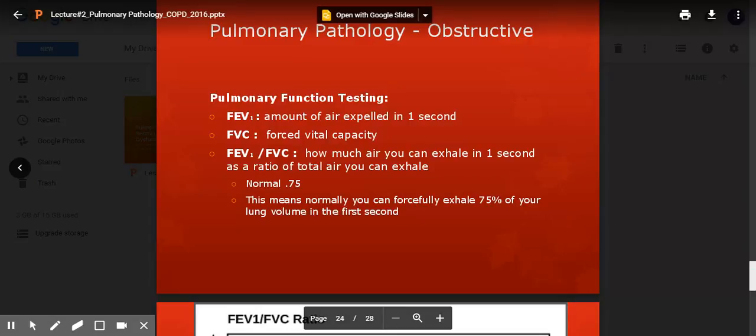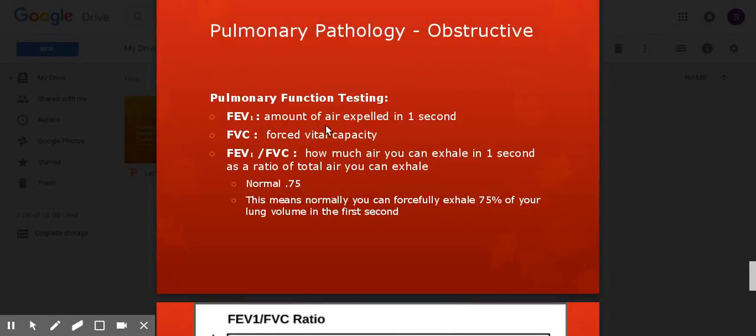So let's talk briefly here about pulmonary function testing. And again, I already talked about the fact that FEV1 is the amount of air that you can expel from your lungs during the first second. The FVC is the forced vital capacity. They then like to do a ratio comparison.